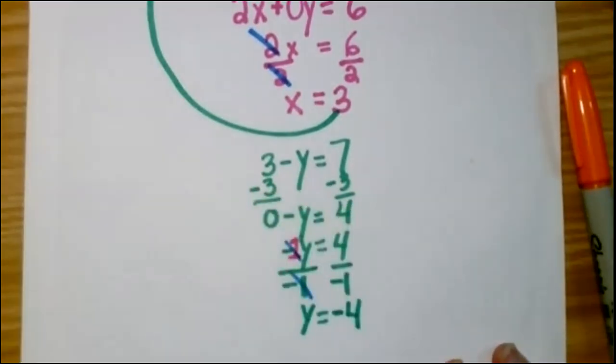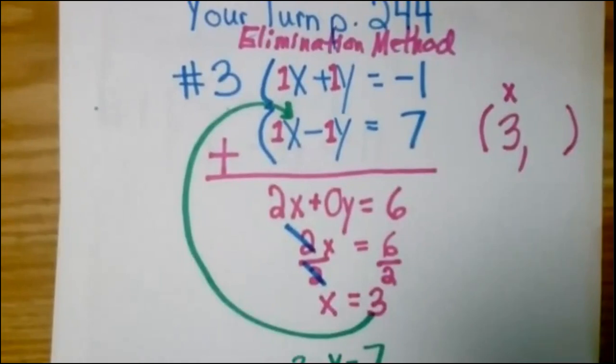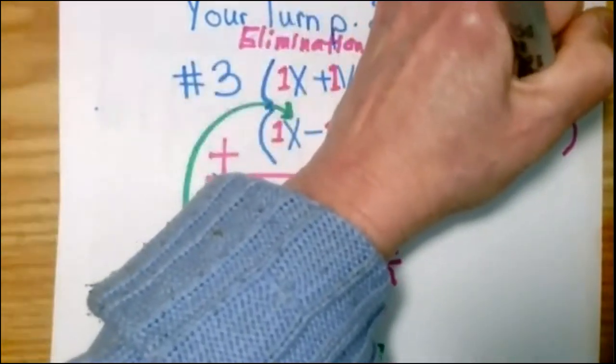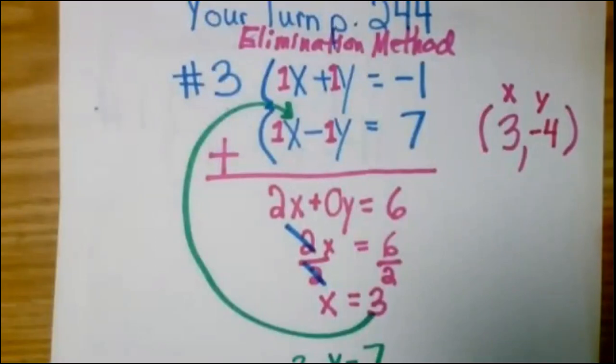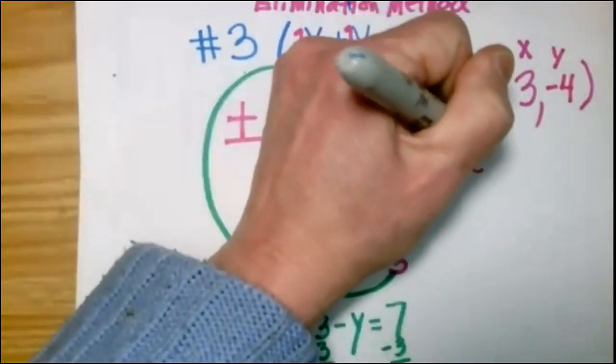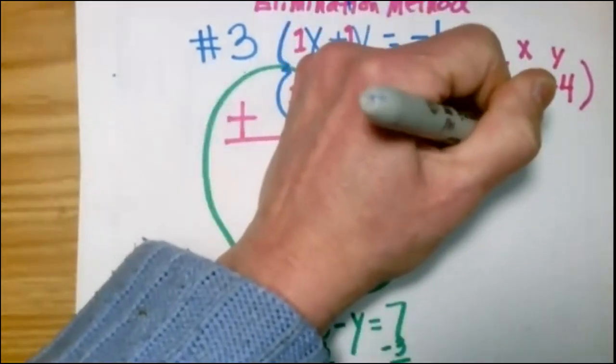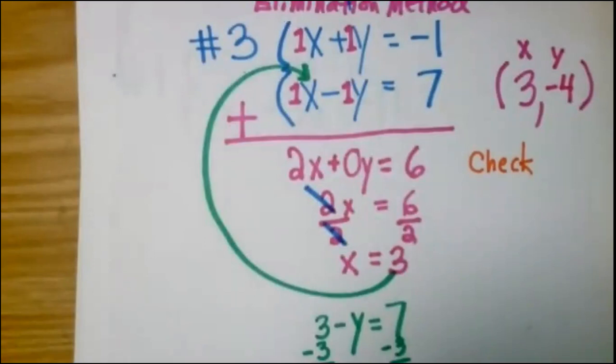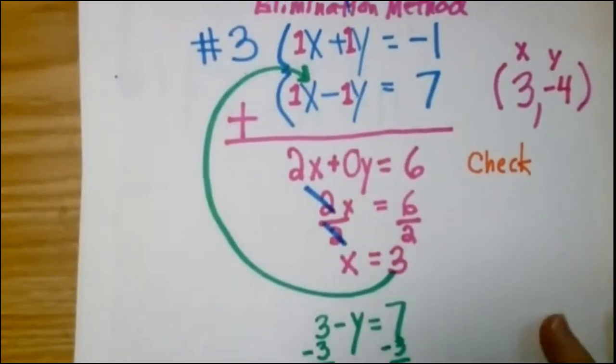So if I go back up to the top, the answer then is x is 3, and my y value is negative 4. If I'm not sure if I did that correctly, I can check it. So let's remember how we check. We're going to plug 3, negative 4 into both equations to see if it yields a true statement.